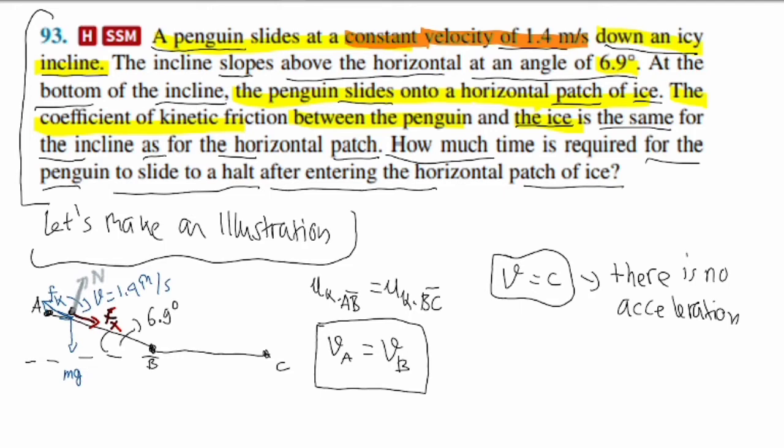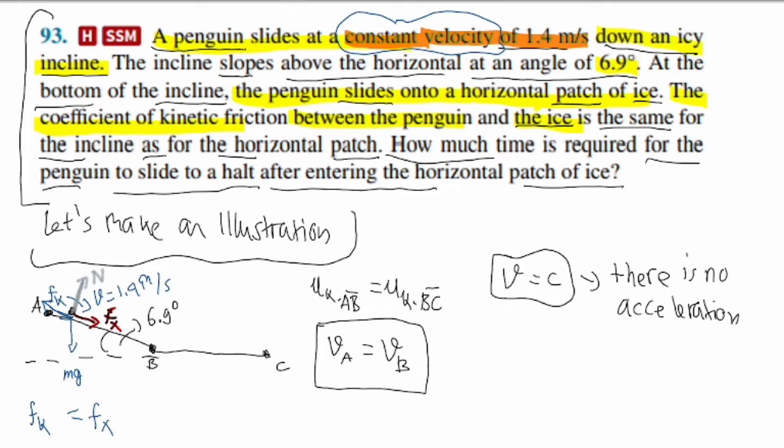If we write for A to B, because velocity along A to B is constant, we know that Fk equals Fx.